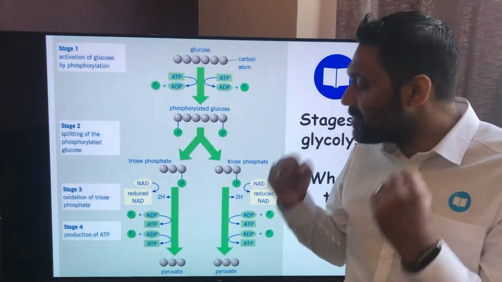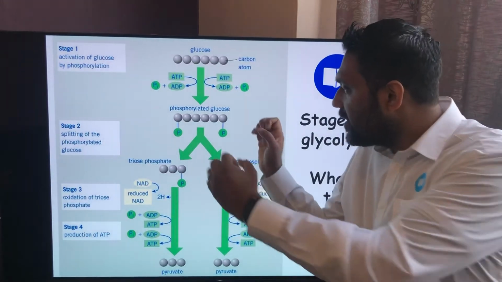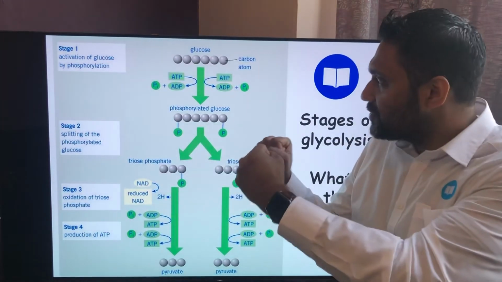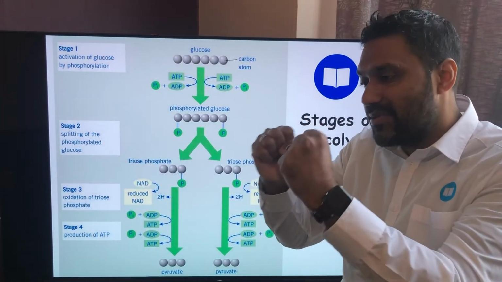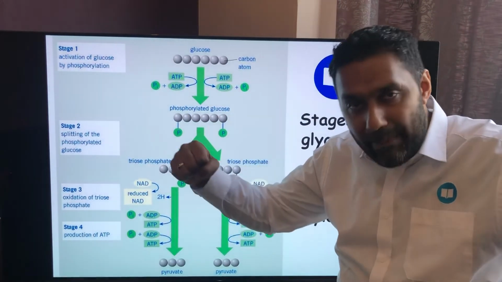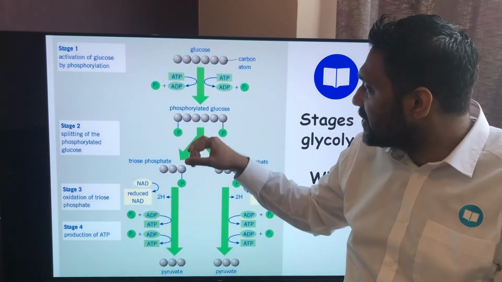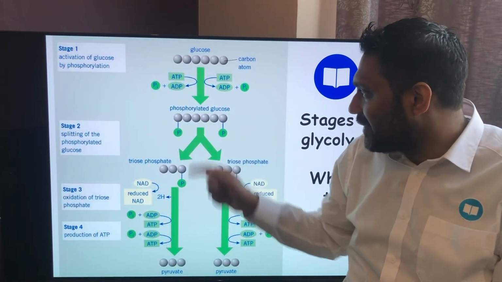Now, what will happen is, imagine there is like a biscuit, like a Kit Kat or something, where I'm going to hold either end of it on those inorganic phosphates, and it's been energized. I can split it. I'm going to twist it and snap it in half, and that's what happens here. I'm going to snap this phosphorylated glucose in half because I've got 2 little handles now to do it with.